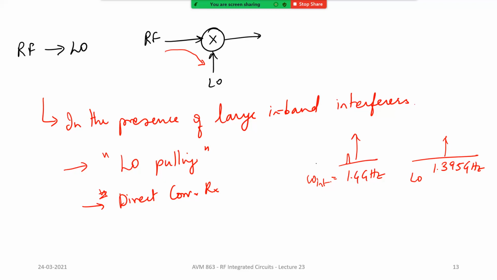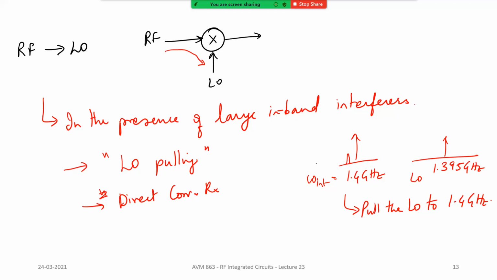Now what will happen is this will pull the oscillator to 1.4 gigahertz. This is what is called LO pulling, and it happens through a phenomenon called injection locking. So this is a problem, especially in direct conversion receivers, and in the industry, when people design these receivers, they make sure that you are keeping these frequencies fairly apart.